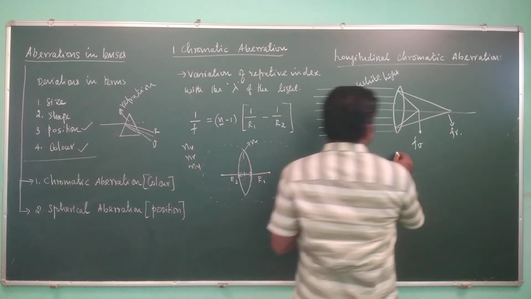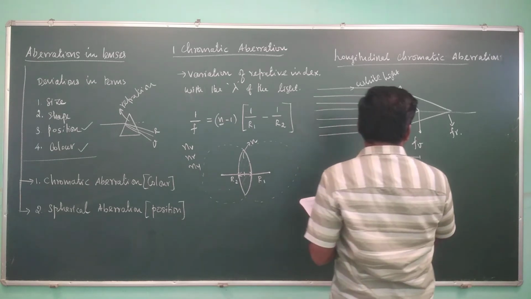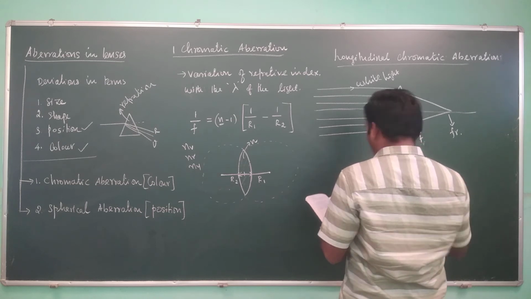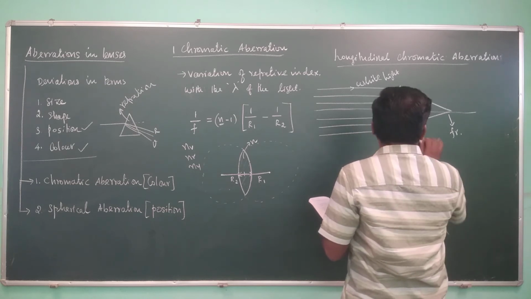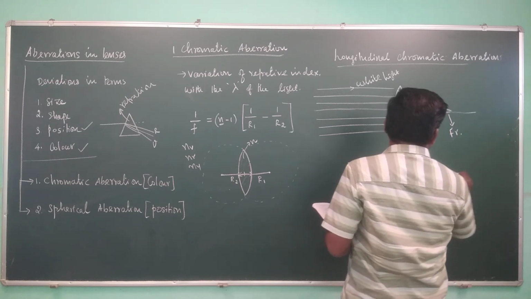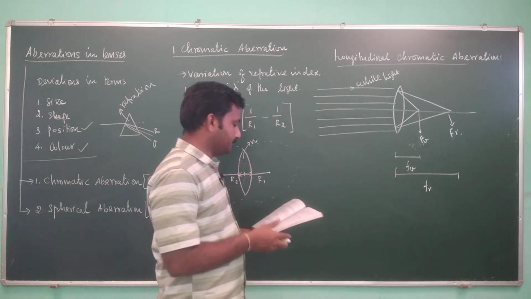Now, this point is a focal point, and this distance will be the focal distance. If it is capital F, then we can define this as small fv and small fr.